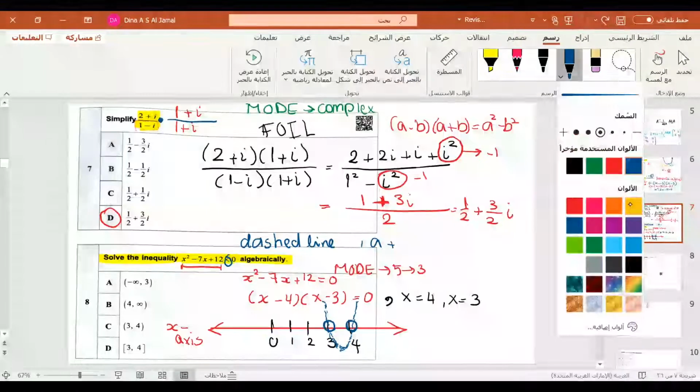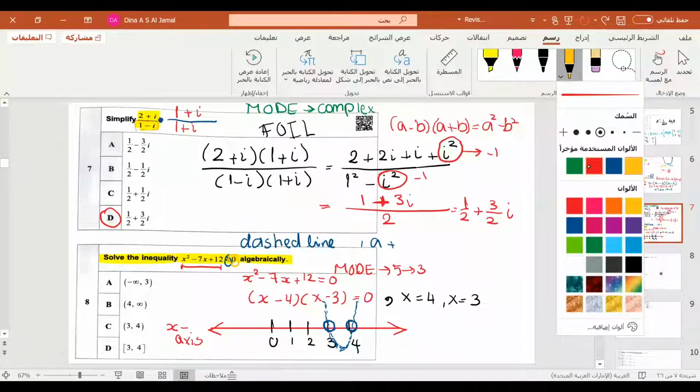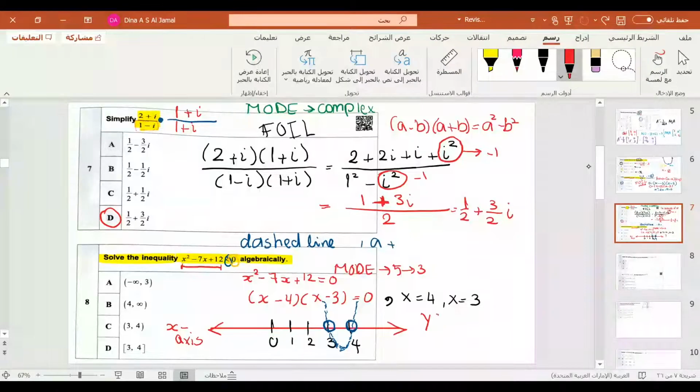Now, you must color or shade it. Imagine that your 0 is bigger than all of these, so you can change your 0 to y is bigger than x squared minus 7x plus 12.